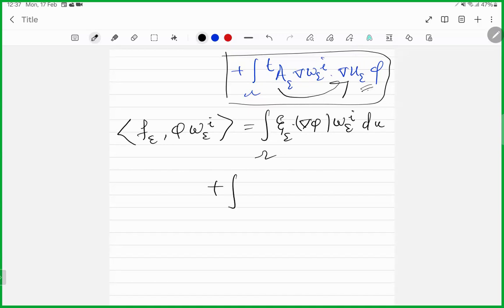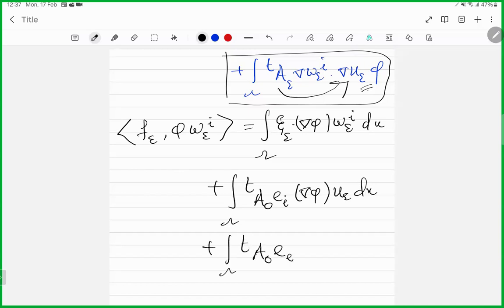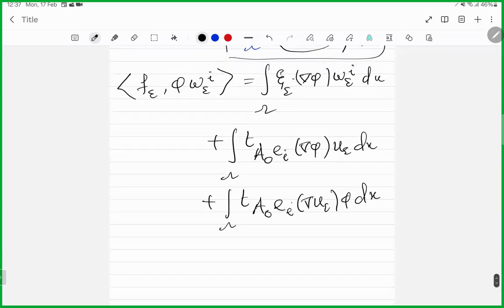So the terms I'm going to get are grad phi u epsilon plus grad u epsilon phi dx, and then one more term.